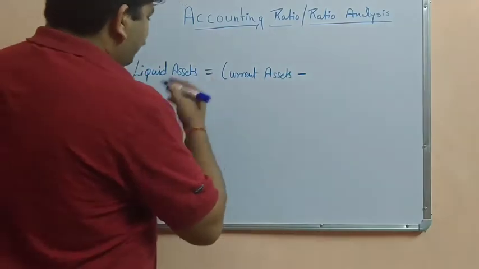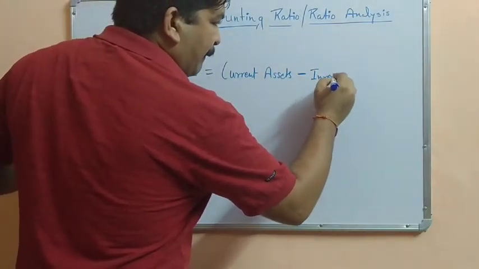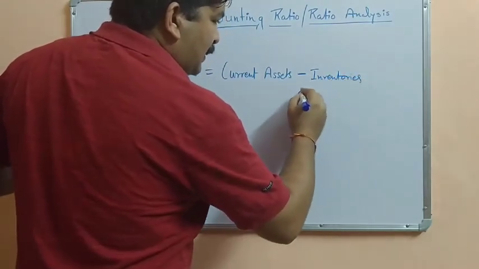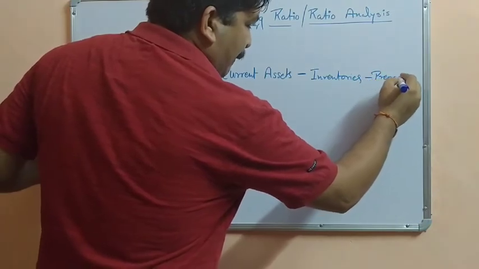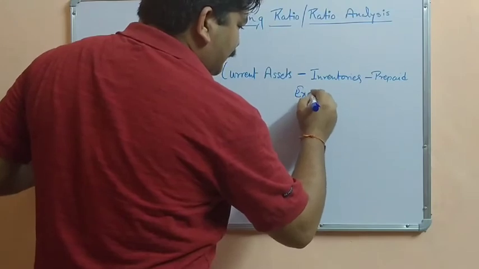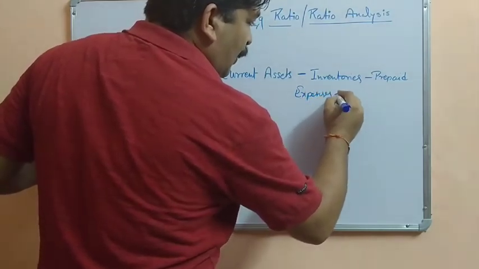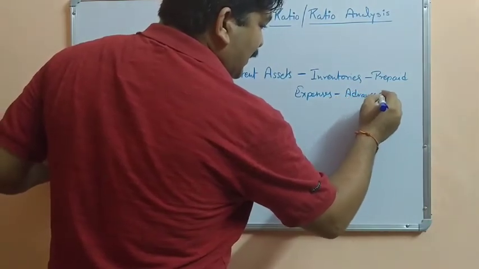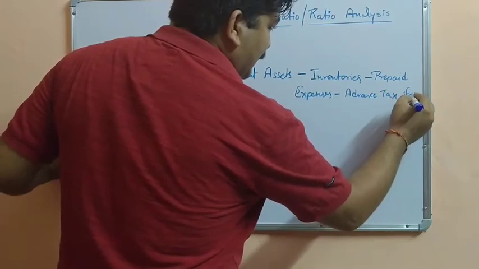Current asset minus inventory, and we will also subtract prepaid expenses and advance tax, if any advance tax is paid.